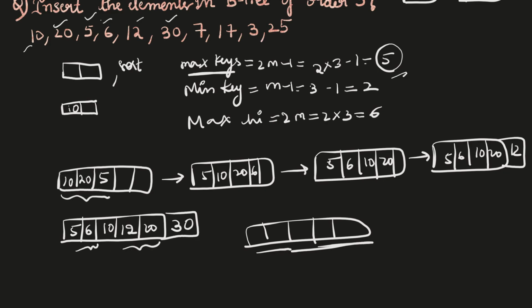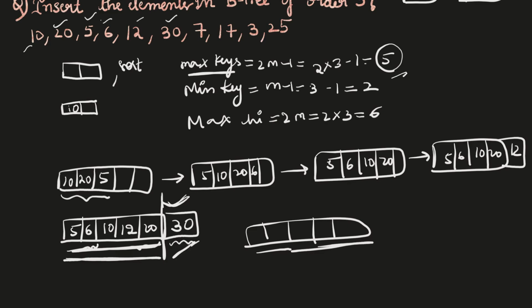See, you need to split the part which is like the only maximum keys one. You shouldn't add this extra part. You should only split the exact part which you are having, the maximum keys one. Don't include this one. This is only to check that overflow condition has occurred.